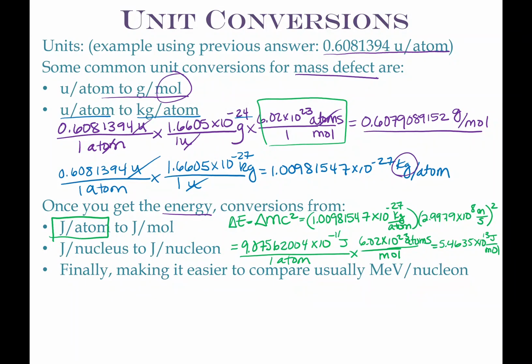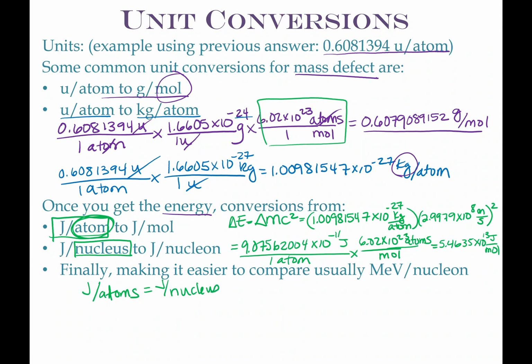But taking this joules per atom, let's ask ourselves, what is this atom that we're talking about? Well, really, we subtracted the electrons, so the atom we're talking about is actually a nucleus. So joules per atom here is actually equivalent to joules per nucleus.